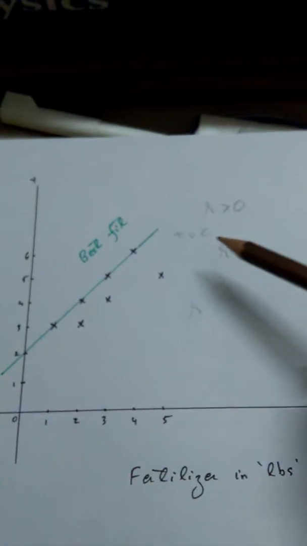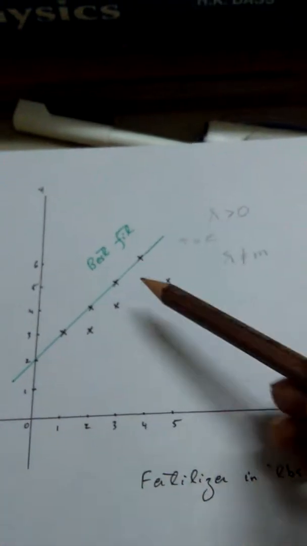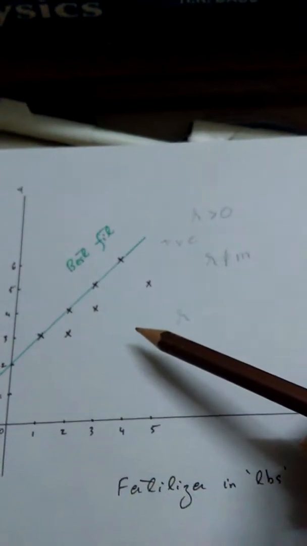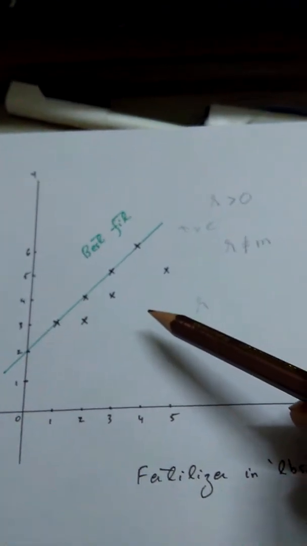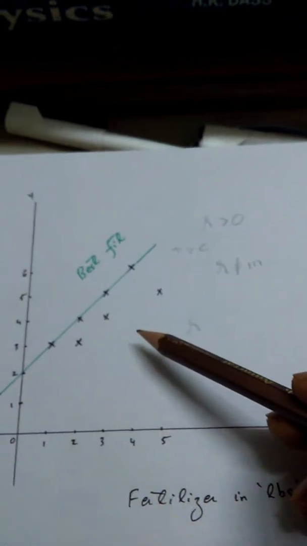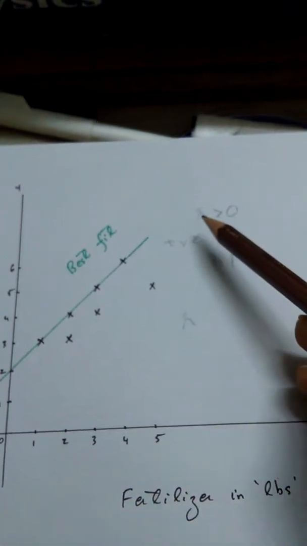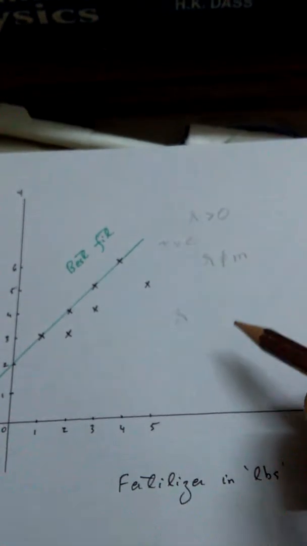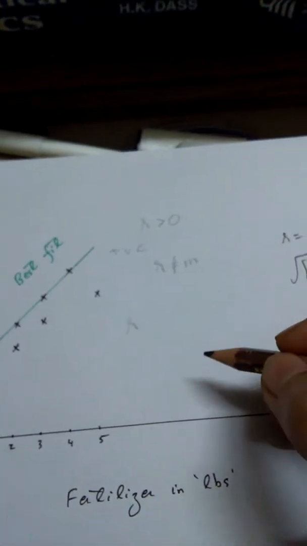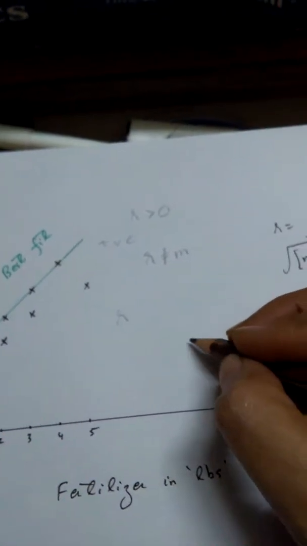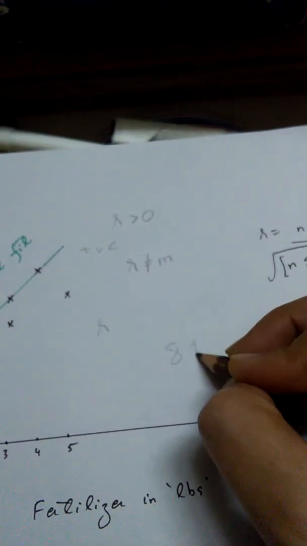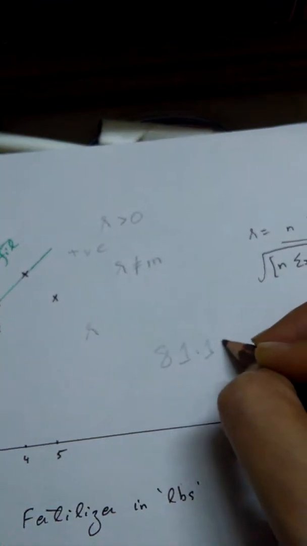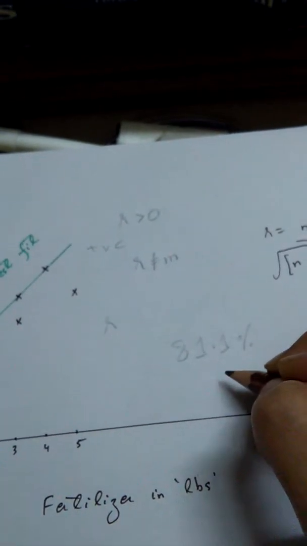So presently we have to focus just on the behavior. Whatever the scatter diagram tells us about the behavior or the degree of the correlation, the same thing has been explained by the value of r that we have calculated numerically. As r is coming out to be 0.81, approximately 81.1%, this is a strong percentage.